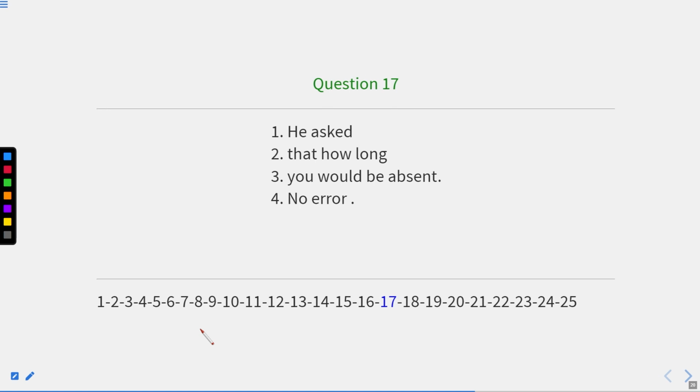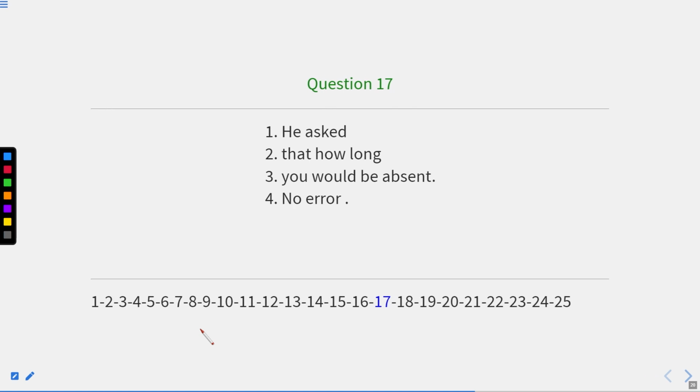Now let us move to question number 17. He asked that how long would you be absent. Whenever we convert an interrogative direct sentence into indirect speech, there are a few changes that we should make. First of all, said is changed into asked, or said to is also changed into asked.